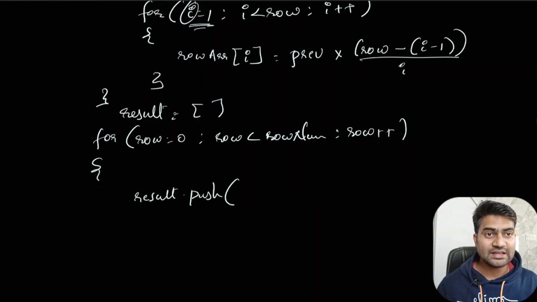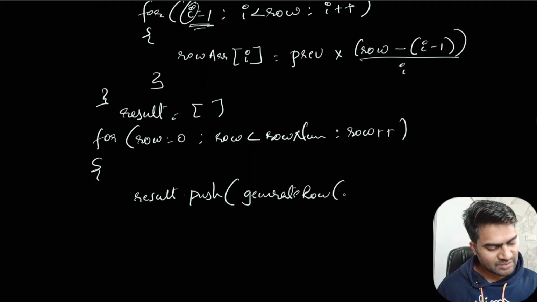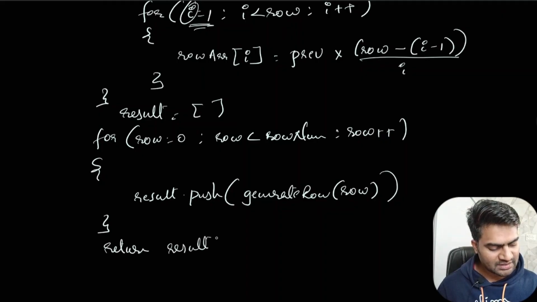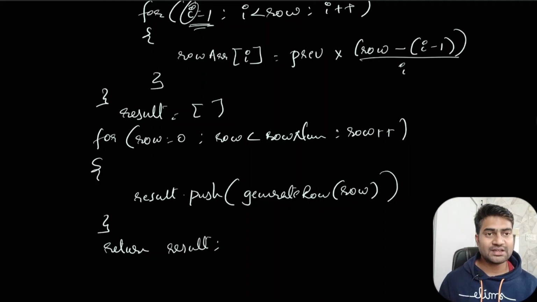Basically this is a list of lists in Java, or in JavaScript we can simply consider an array. So I will say generate row and simply pass the row number. For all the rows it will generate, and finally you return the result. So this is how we can generate all the rows in the Pascal triangle effectively.